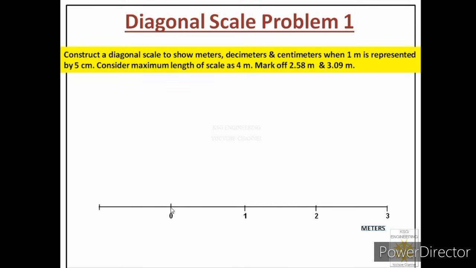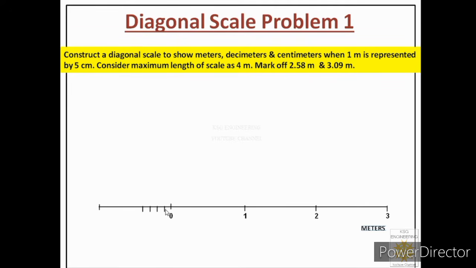So 5 centimeters divided by 10, then the length of each part will be 0.5 centimeters and it is representing 1 decimeter. Okay, so with the help of the scale, we will make 10 divisions over here and each division has a length of 0.5 centimeters or 5 millimeters and it is representing 1 decimeter.